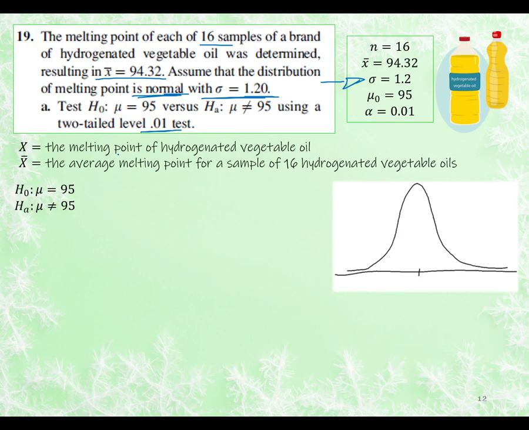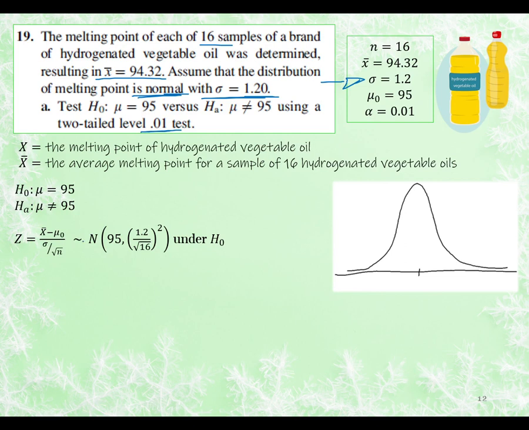So first thing I want to do is write down my test statistic. So I have a test statistic under the null hypothesis. Z is calculated as X bar minus mu naught over sigma over root n. Because X bar has a normal distribution with mean 95 and variance 1.2 squared over 16.